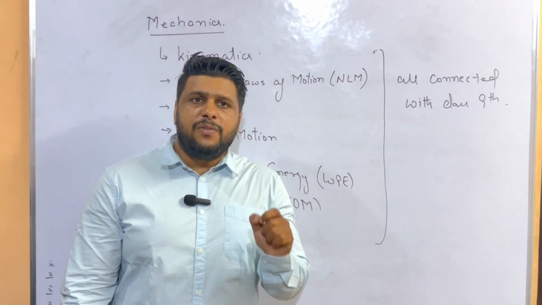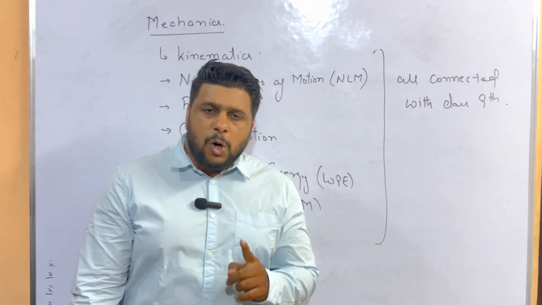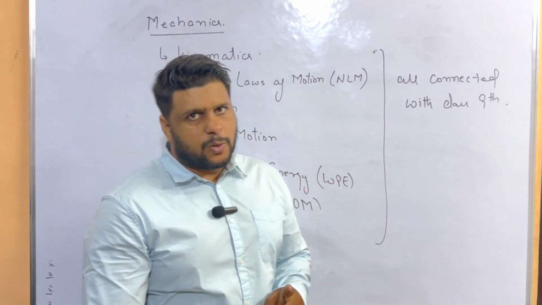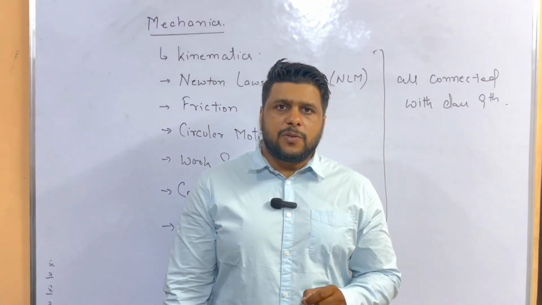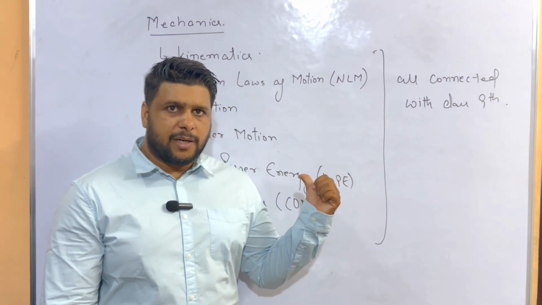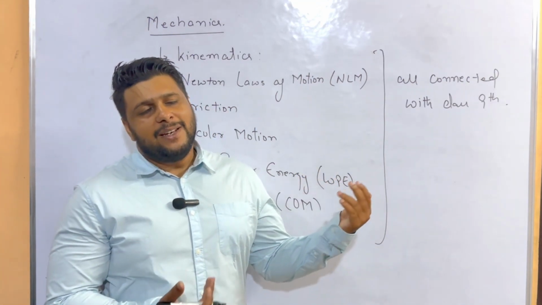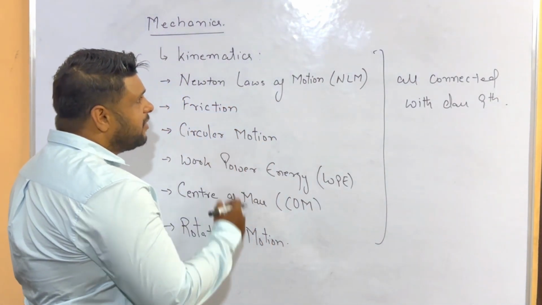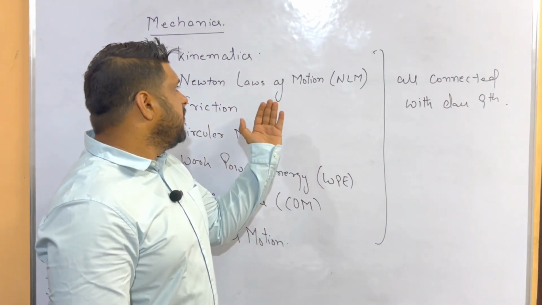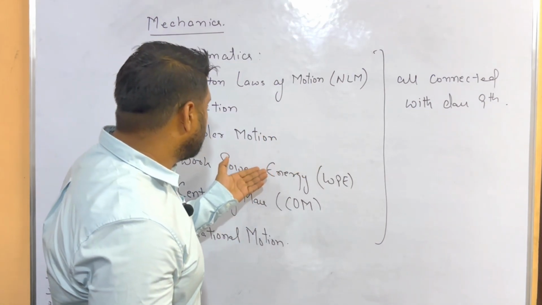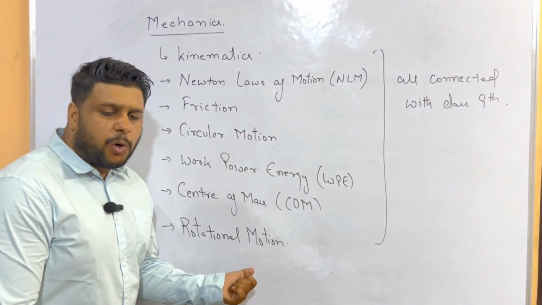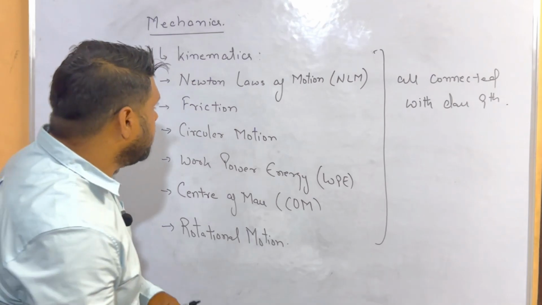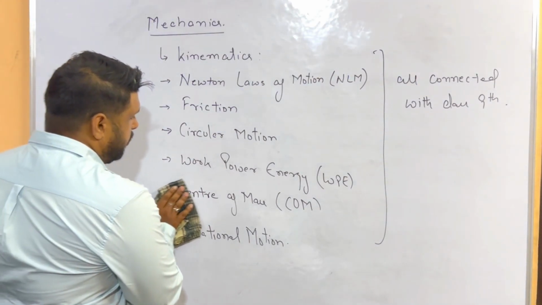Vectors is very important and is not going to leave you. So you need to study vectors first, then come to the mechanics part, and those who know vectors can start with me. Let's start with kinematics first, then we will move towards Newton's laws of motion, friction, circular motion, WPE, COM, and rotational motion. So shall we start? Yes, we should.